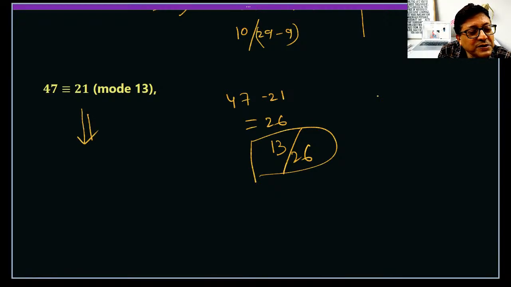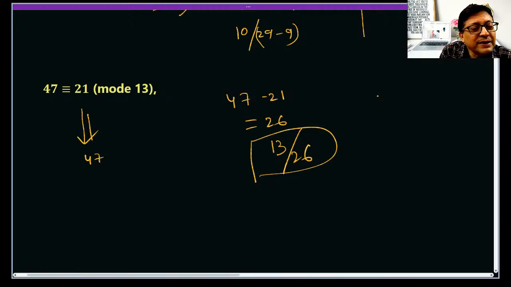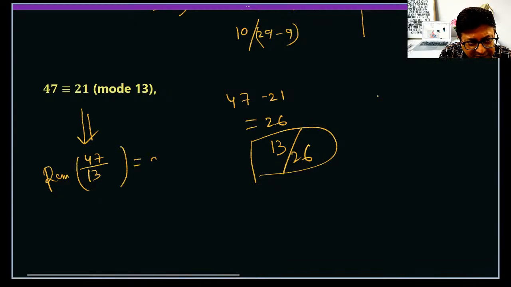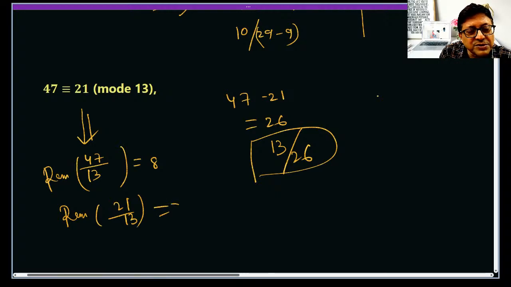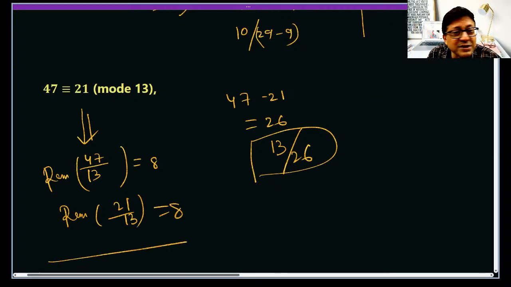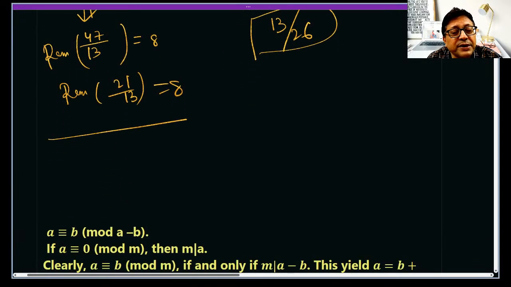And the remainder when 47 is divided by 13 is 8. The remainder when 21 is divided by 13 is also 8. So it is clear with this example also, that the difference is divisible by 13, and individually they leave the same remainder when divided by 13.